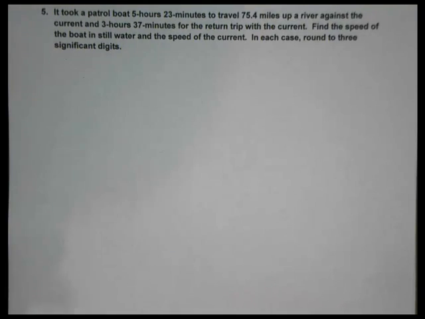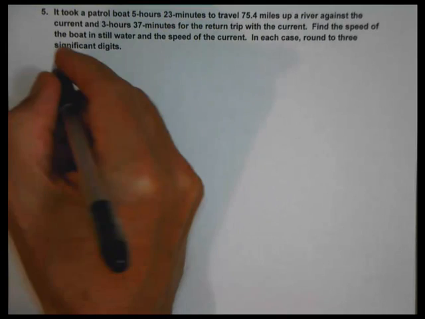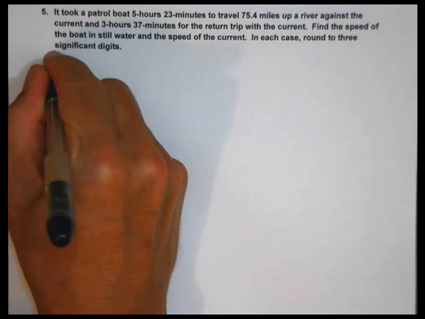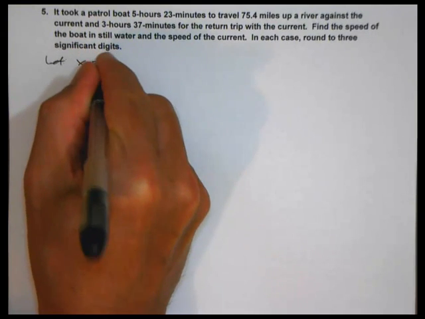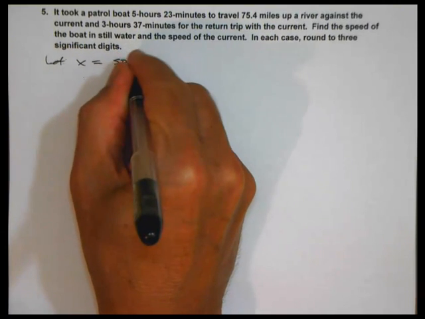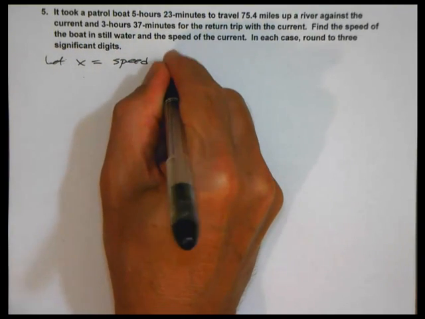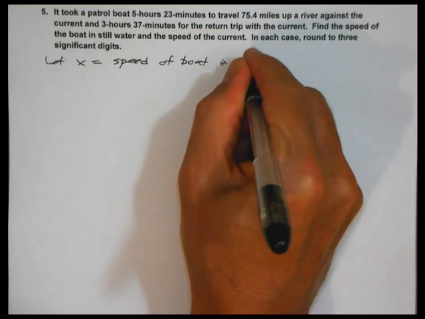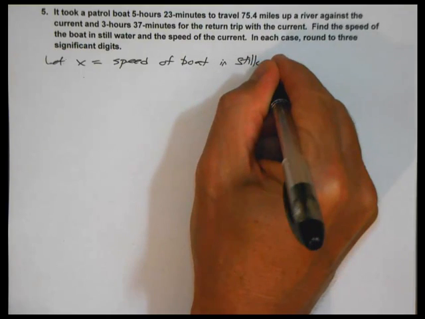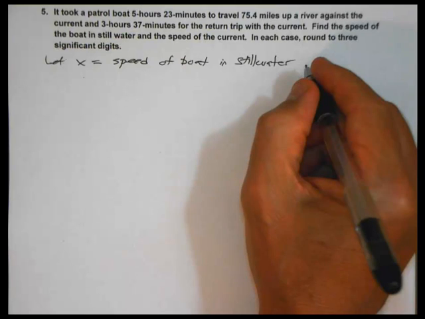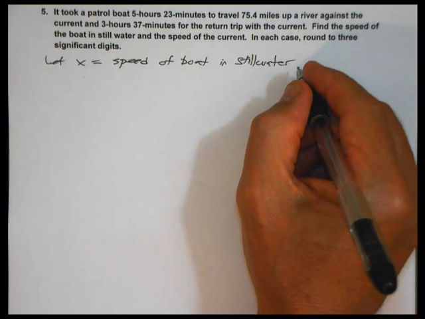Alright, let's see. For variables here, you might do well to go with letting x equal the speed of the boat in still water. Let's also note the units of measure we have in mind for x.